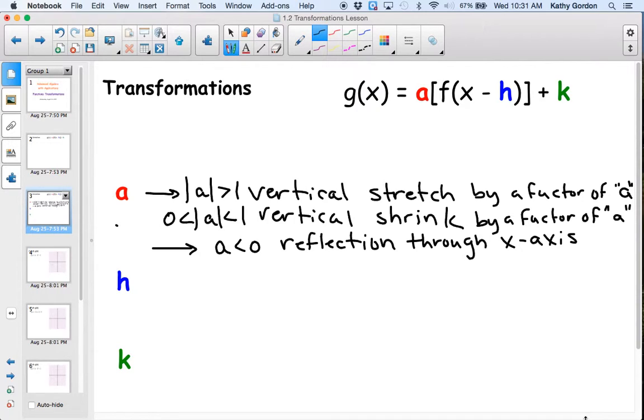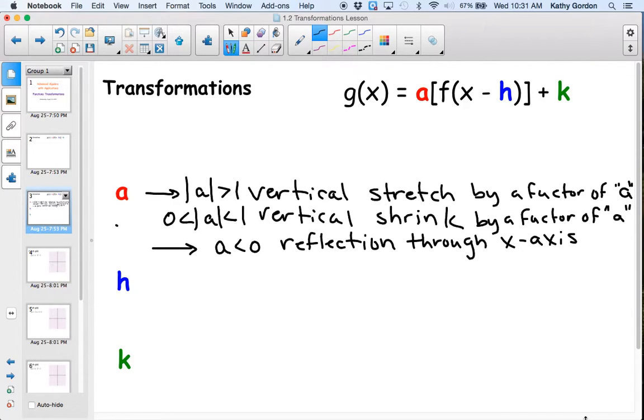Okay, so even though we're not using B, we do have to be specific about A being a reflection through the x-axis because there are cases where reflections through the y-axis can happen. So we need to be specific about what we're talking about. Okay, anything else A can affect? That pretty much does it for A.